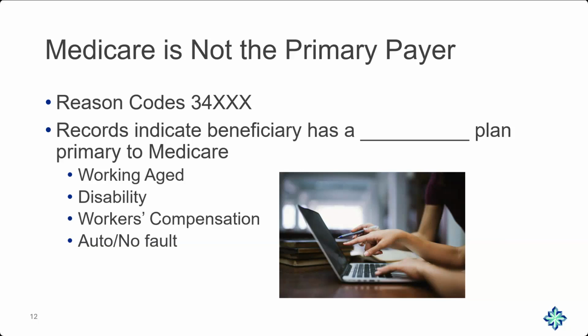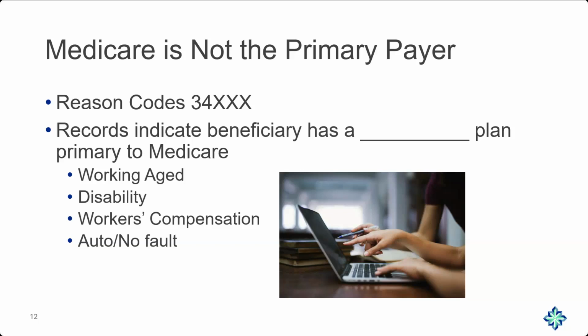The reason codes within the FIS system, if you use direct data entry to look at and work on your claims, you'll recognize that the reason codes all begin with a 3-4. And that is because of the way the FIS system works, and I know this is beyond what we're talking about today.